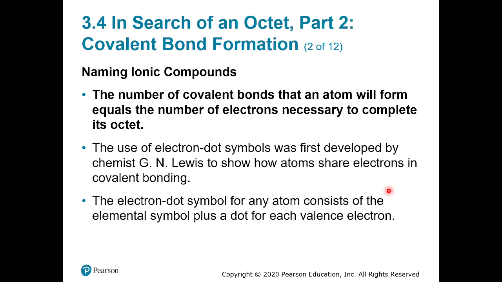These are called electron dot symbols. For any atom, they consist of an elemental symbol, and then they're going to have dots, and those are going to count up to give you your valence electrons. What you do is you typically put 1 dot on each side of it. There are 4 sides, right? Until you have to double up because you have more than 4. And then you'll start doubling up.